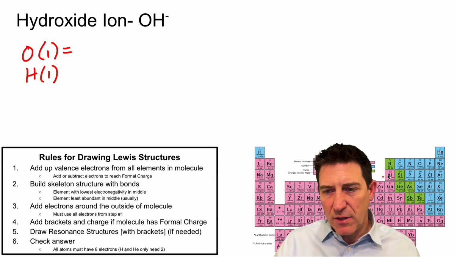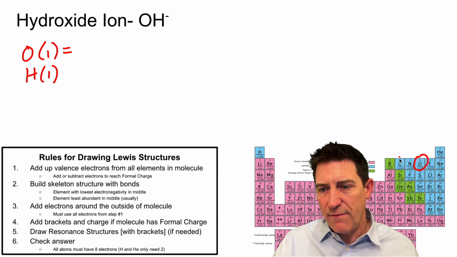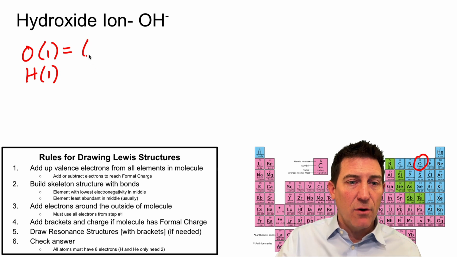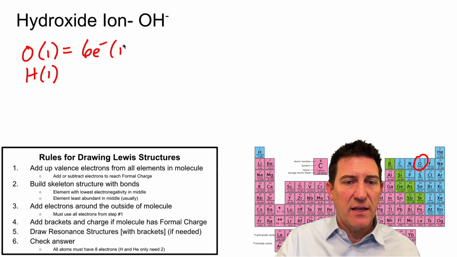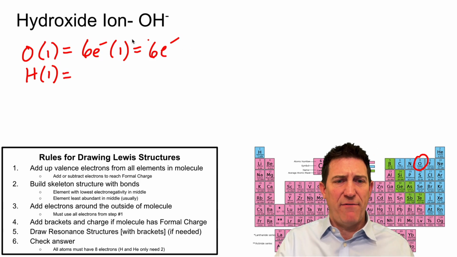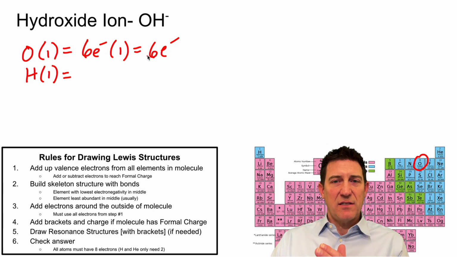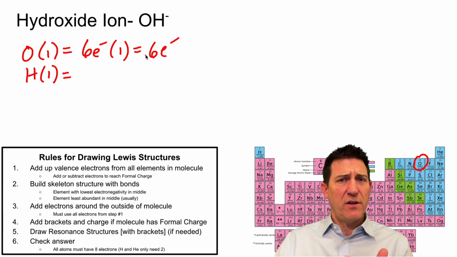Oxygen, I'm going to find it over here, right there, is in group 1, 2, 3, 4, 5, 6. So oxygen has 6 valence electrons. We only have 1 of them. Now, some of you are saying, I don't know why he keeps doing it that way. It'd be way faster if he just did it in his head. Because I want to keep it consistent for the people who aren't super confident about doing this.